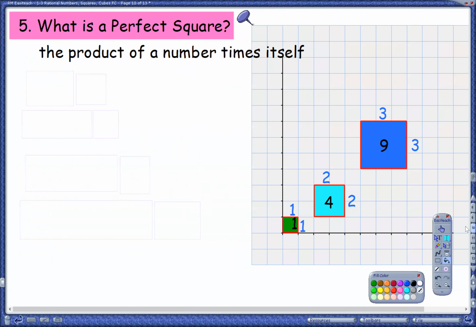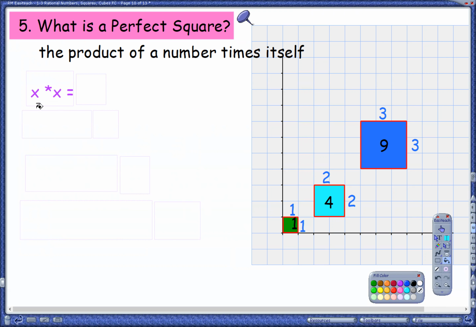So moving on to squares, what is a perfect square? When you take a number and you multiply it by itself, you get a perfect square, such as 1 times 1 is 1, 2 times 2 is 4. So 1 is a perfect square, 4 is a perfect square, 9 is a perfect square. And it's a perfect square because you can make a square when you graph it.